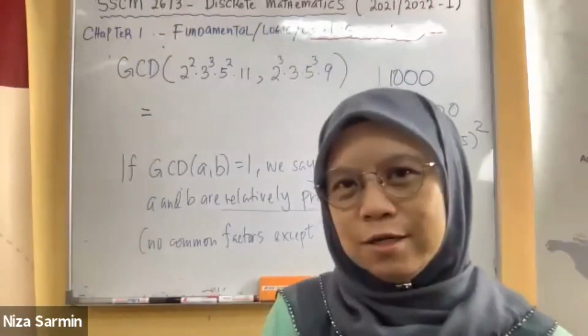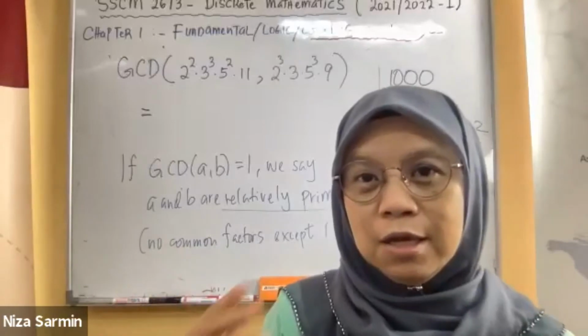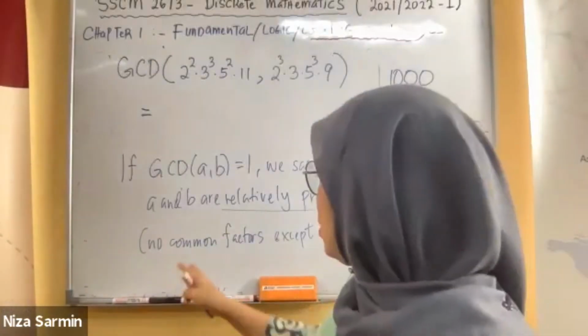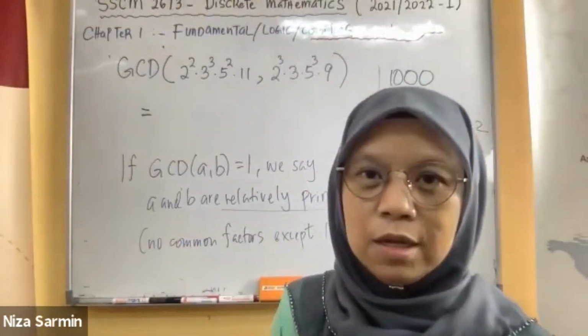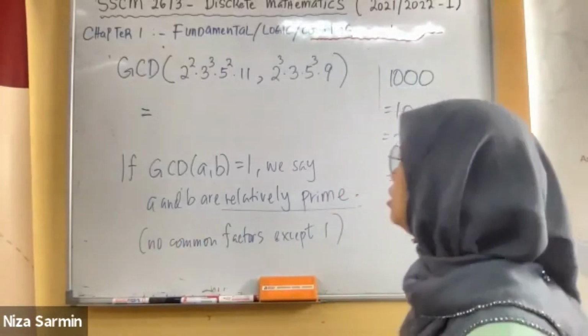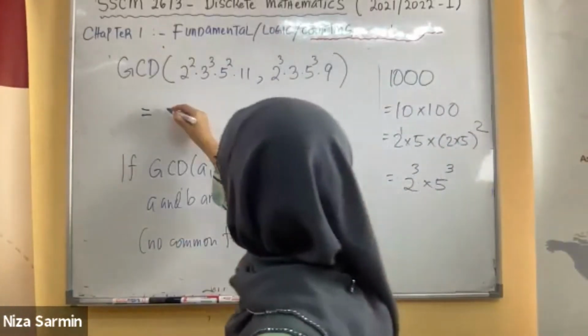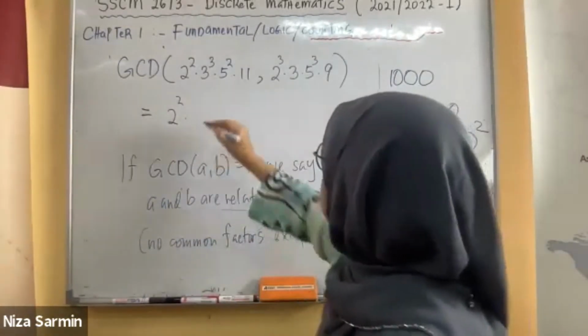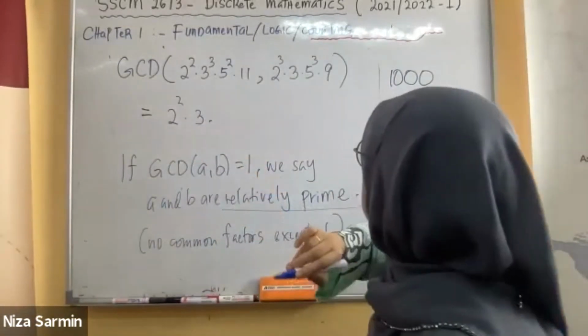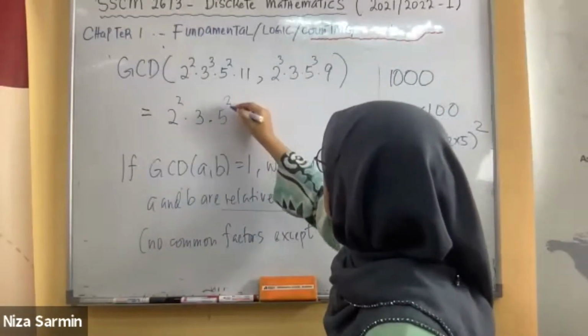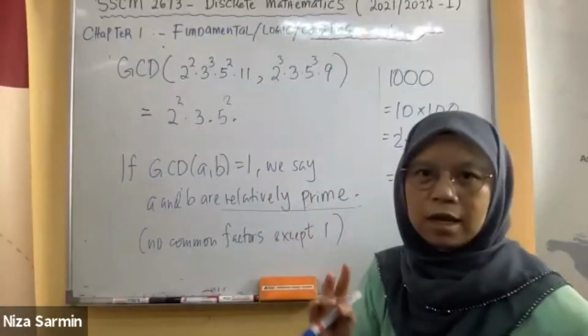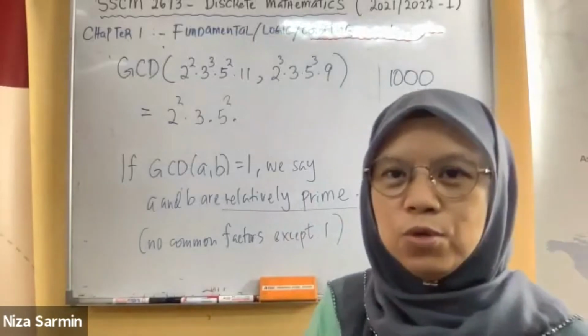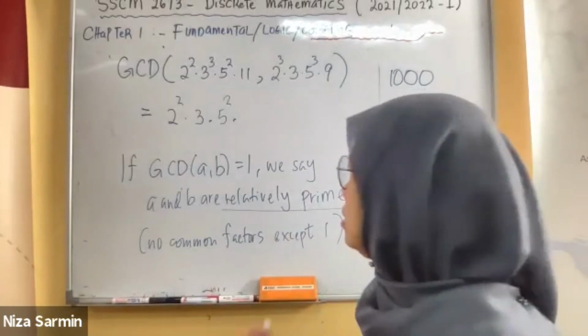It's quite hard because it's big and you want to keep dividing. This one just now is okay. The one I gave is small numbers, but this one, you take the smaller one for the GCD: 2 squared, 3, 5 squared. You cannot take 9 and 11 because the other one doesn't have them.